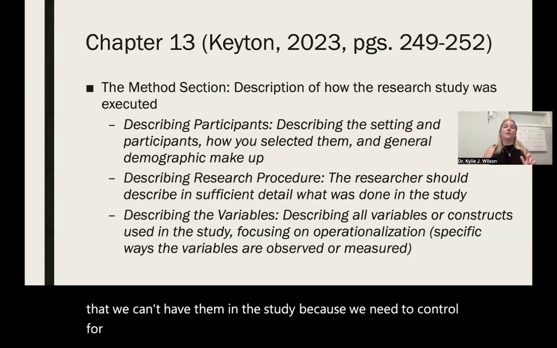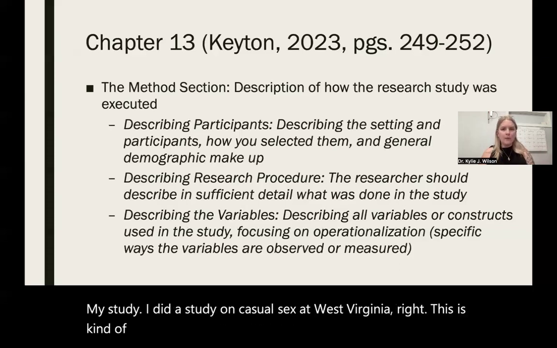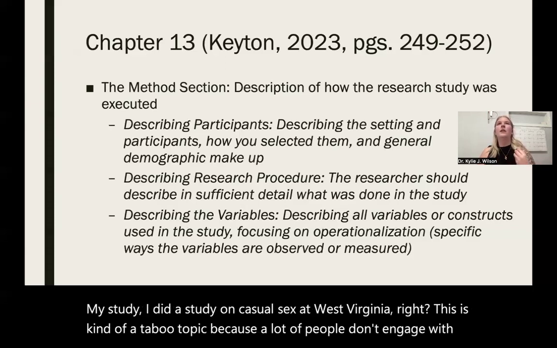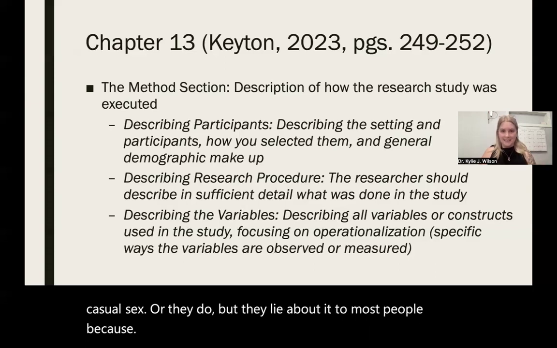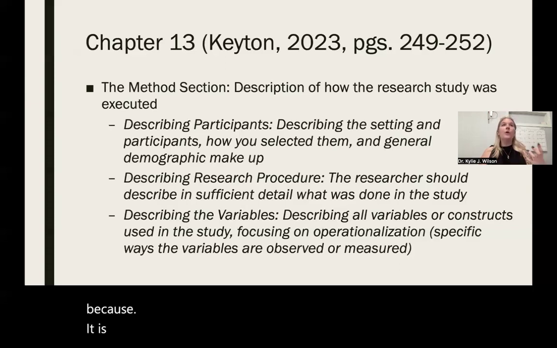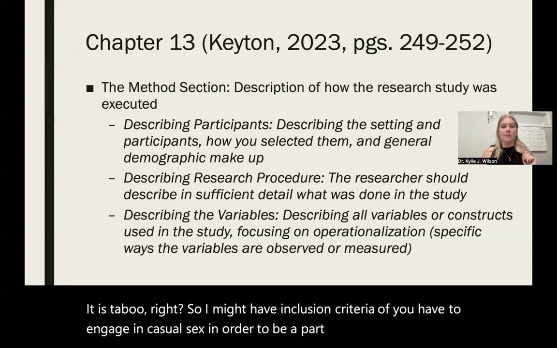So perfect examples. For my study, I did a study on casual sex at West Virginia, right? This is kind of a taboo topic because a lot of people don't engage with casual sex, or they do, but they lie about it to most people because it is taboo, right? So I might have inclusion criteria of you have to engage in casual sex in order to be a part of this study.